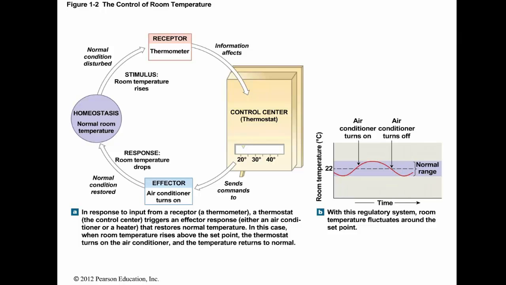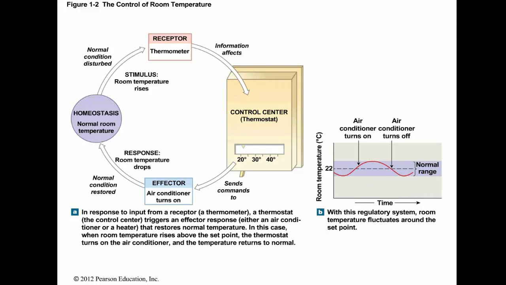This rise is detected by the receptor, a thermometer on the wall. This thermometer triggers the control center, the thermostat, which sends a command to the effector to turn the air conditioner on. The air conditioner is turned on, the room is cooled, and the normal room temperature range is achieved again.